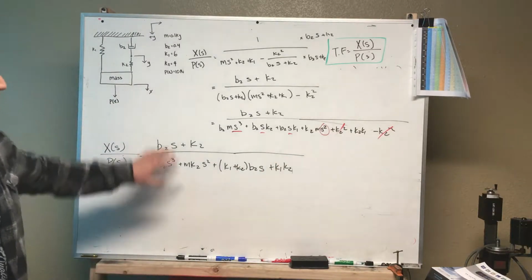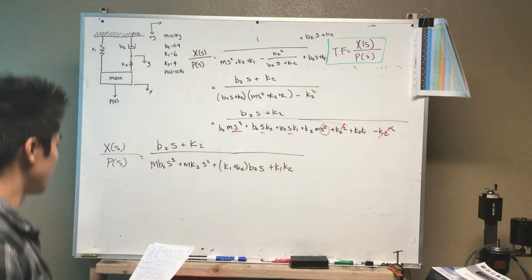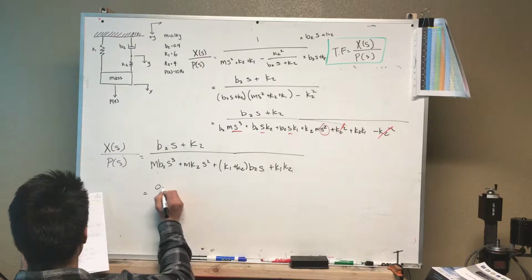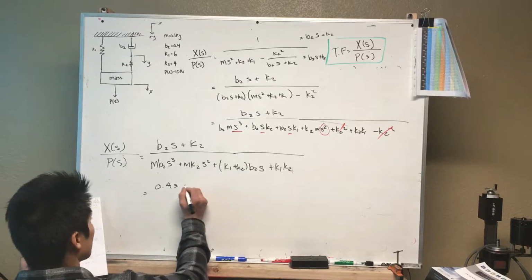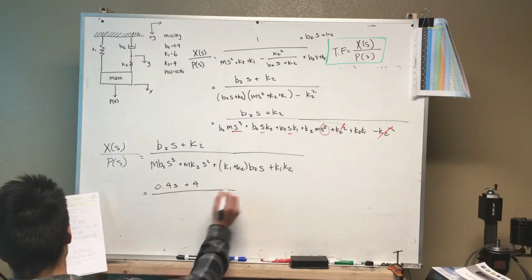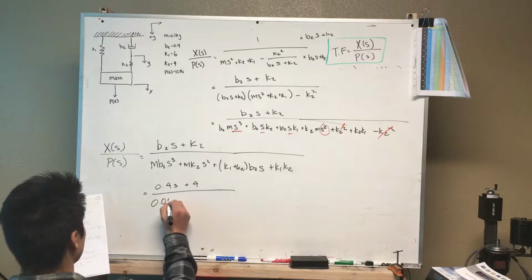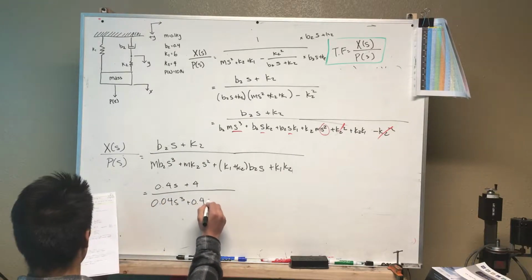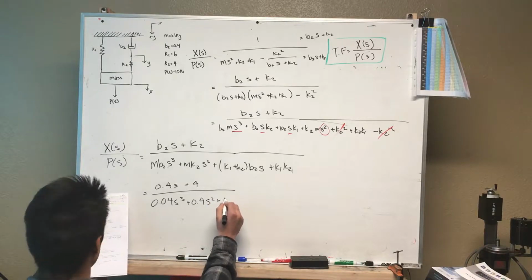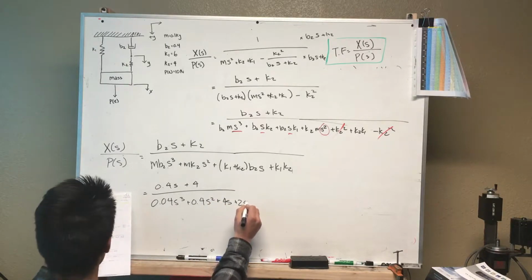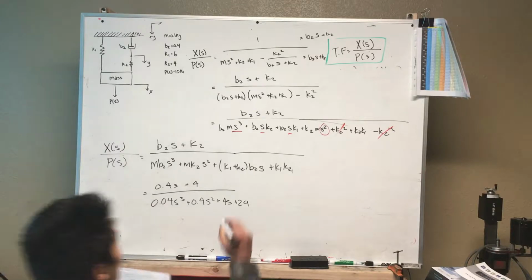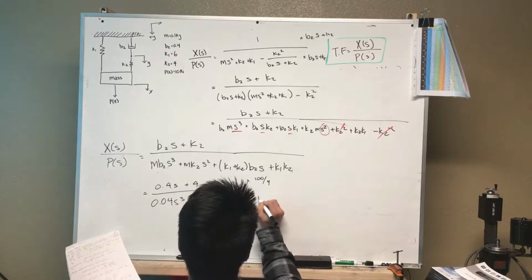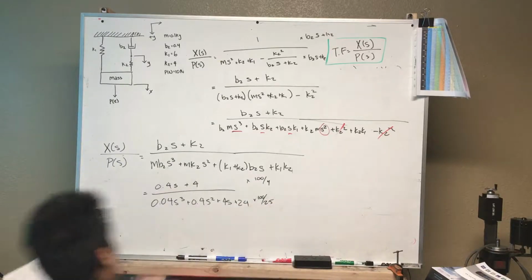Then we're going to plug in the values here to find that it's going to be 0.4s plus 4 over 0.04s cubed plus 0.4s squared plus 4s plus 24. We're going to multiply the top and bottom by 100 over 4, or 25, right?